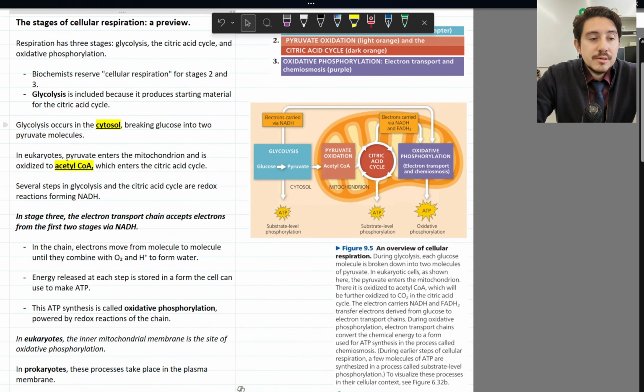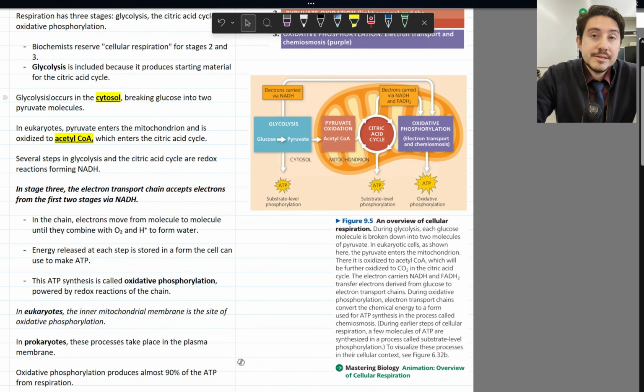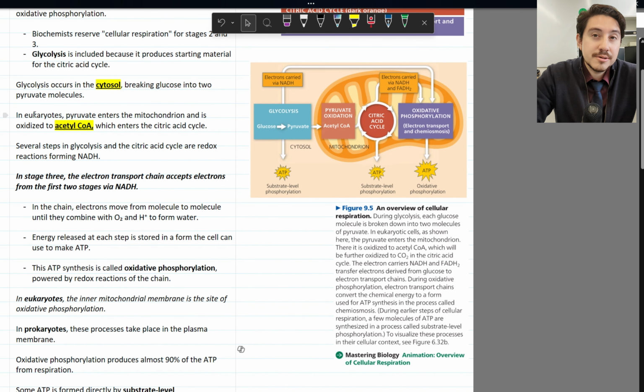So glycolysis, and we're going to take a look at each of them more in detail as we go along. Glycolysis occurs in the cytosol, and ultimately it breaks down glucose into 2 pyruvate molecules.